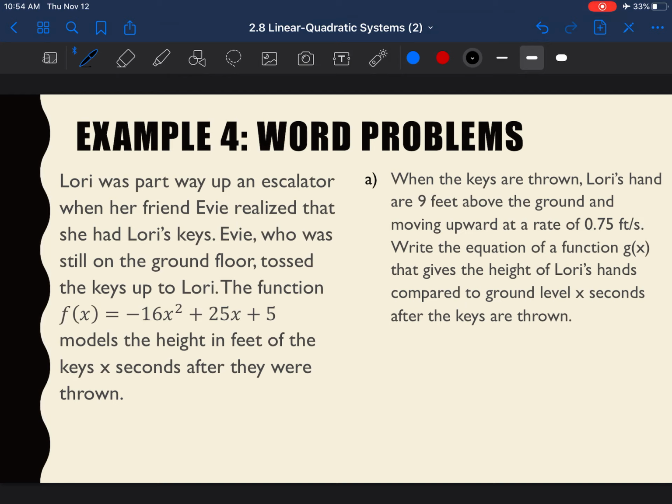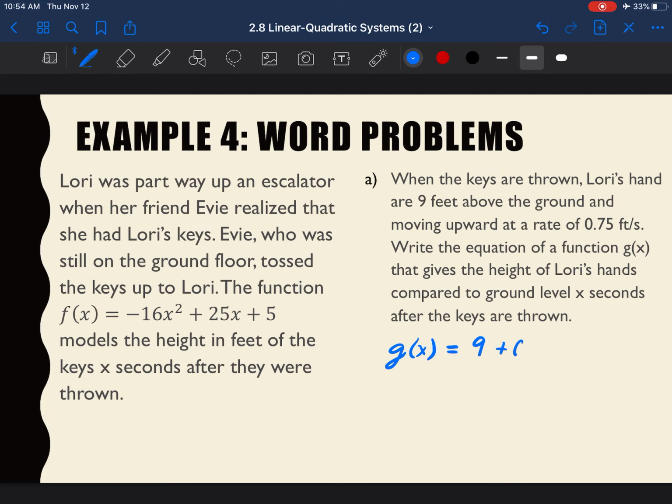Write an equation of a function g of x, so I will start with that. So g of x gives the height of Lori's hands compared to the ground level. All right, so we already know that she is already 9 feet above the ground when Evie throws the keys, and then while the keys are in the air, Lori's hands are also moving because she's on the escalator, so it's moving up 0.75 feet per second.